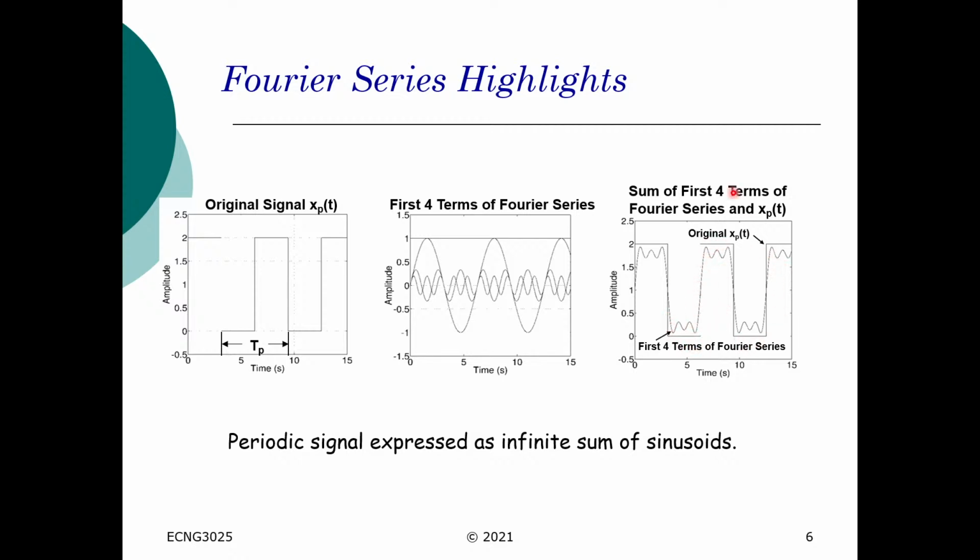And if we increase the number of terms, we'll get closer and closer to the actual signal as we keep adding those terms together. So any periodic signal can be expressed as an infinite sum of sinusoids using the Fourier series, where the sinusoids will be cosine and sine in nature.